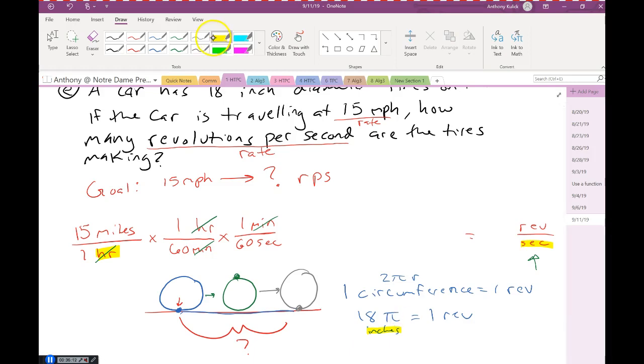Right now, our linear distance unit is miles, so before we can apply this conversion factor, we should convert miles to inches. I don't know that conversion directly, but I know how to get there.